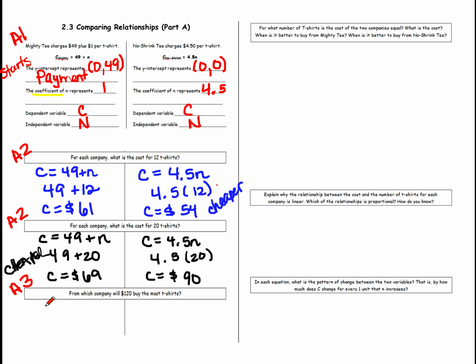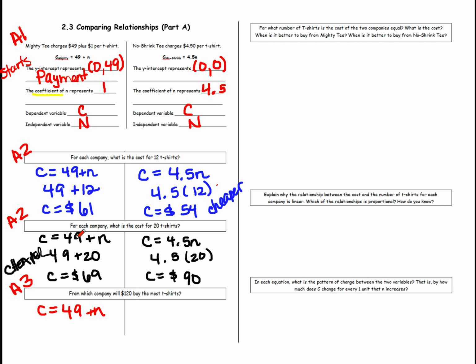So let's write the equation for both again. We have C equals 49 plus N. And this time, since we're talking about cost, that's where we're going to switch out the C for 120.